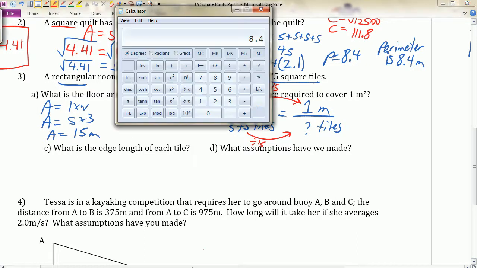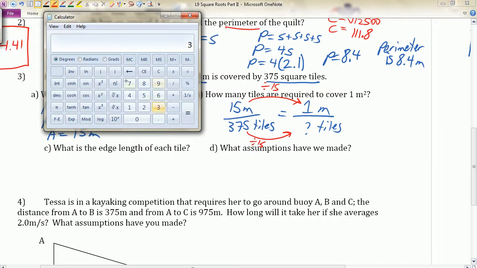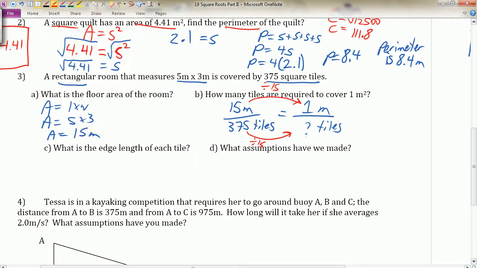So we go 375, divide by 15, and we get 25 tiles. So in 1 meter squared, you have 25 tiles. So I'm just going to write that on top, 25 tiles, 1 meter squared. Doesn't really matter how I write the fraction.